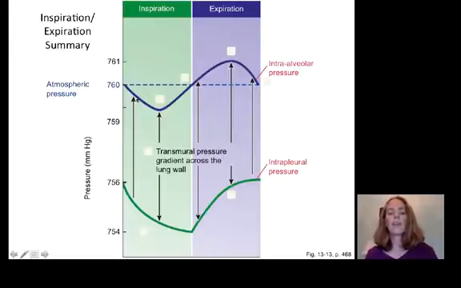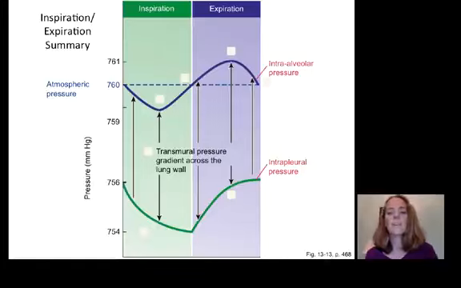So let's look then at a graph which shows these pressure differences. Here's the pressure. We're going to start at 760 in the atmosphere, and now we're going to follow what happens during inspiration. During inspiration, the volume of the chest cavity increases, which decreases the pressure in the alveoli.